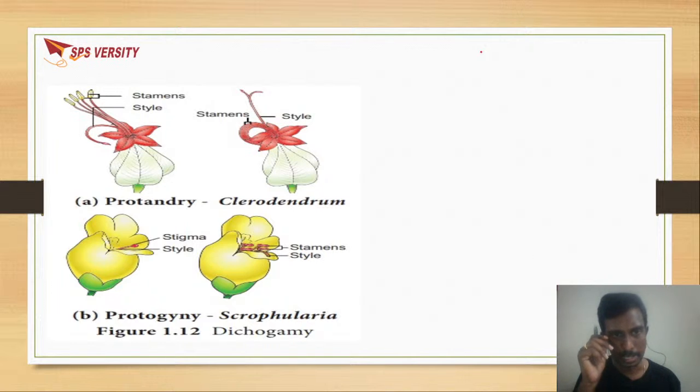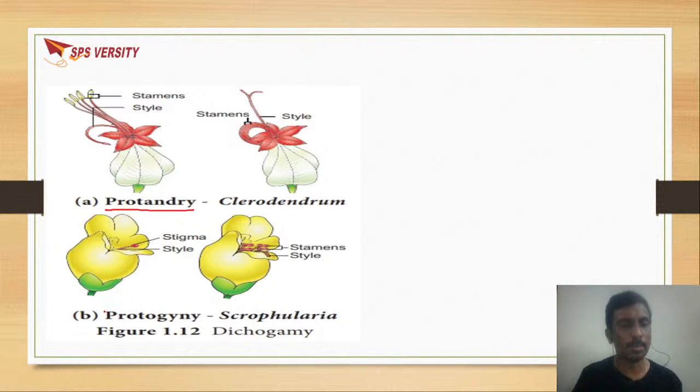So here you can see the maturation of male and female parts of a flower at different timings. If you see protandry, protandry means the male matures first, as in clerodendron, then the stigma. Male means the anther releases the pollen grains before the stigma is ready for receptivity in the same flower.